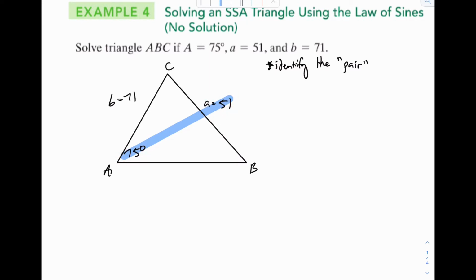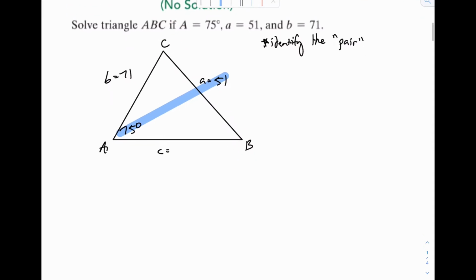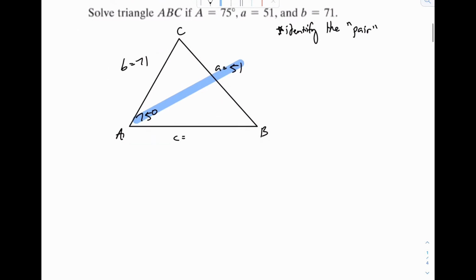Notice how we don't know the rest of it. We don't know little c, we don't know capital C or B. But we can use law of sines here. I can say sine 75 over 51, that should equal sine of B over 71.